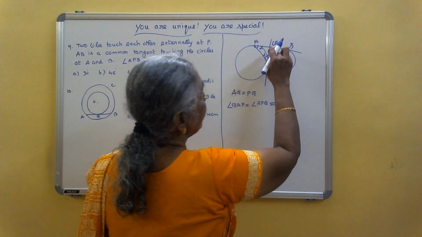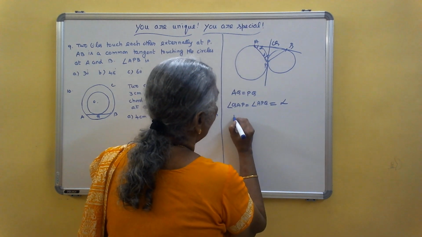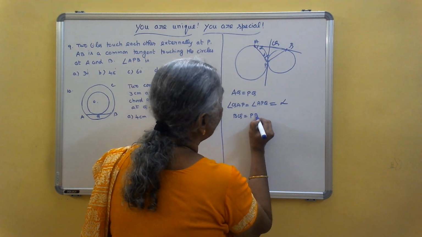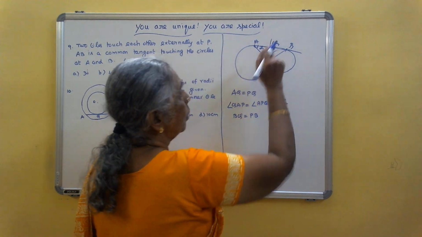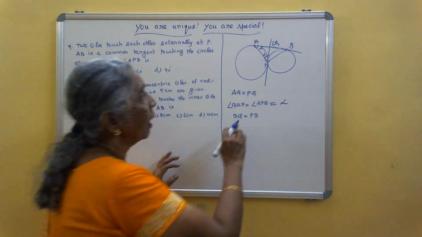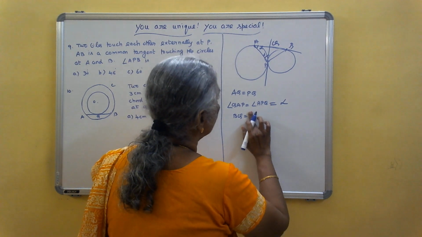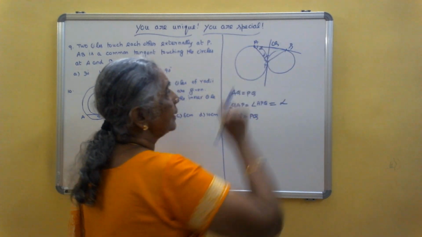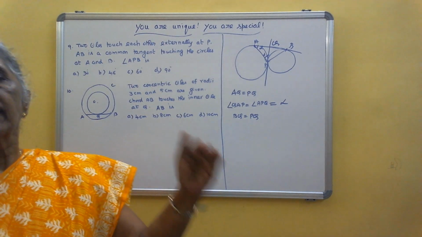Now, let us see these tangents. BQ will be equal to, sorry, not PB, BQ will be equal to PQ. These are tangents drawn from Q to the second circle.